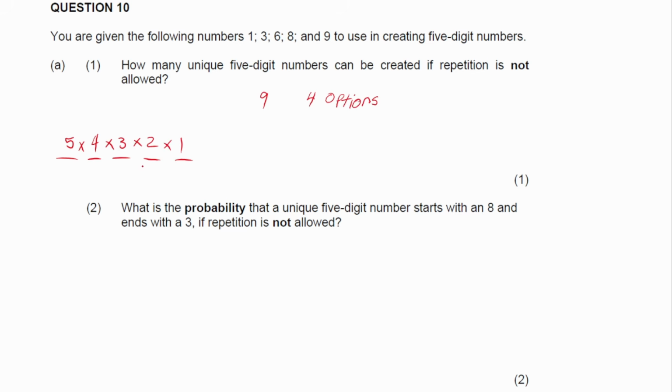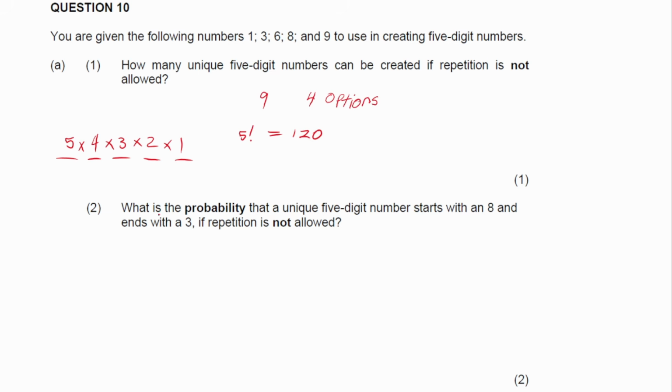And what we do to work out how many unique 5-digit numbers there are, we multiply all of this. So we say 5 times 4 times 3 times 2 times 1. So this is the same as saying 5 factorial. You could also just put this in your calculator. But if you do 5 factorial, we get 120. So there's 120 unique 5-digit numbers that can be created.